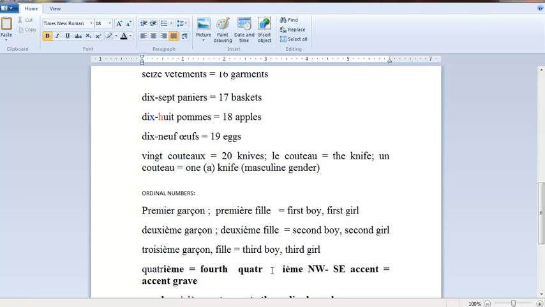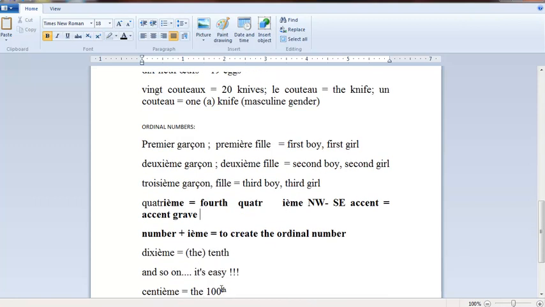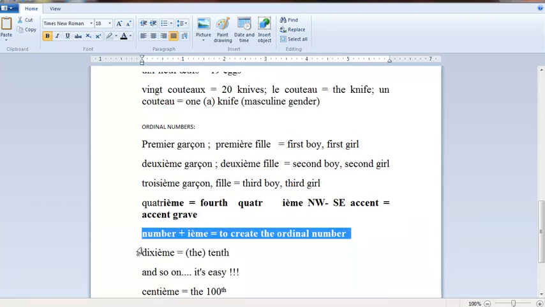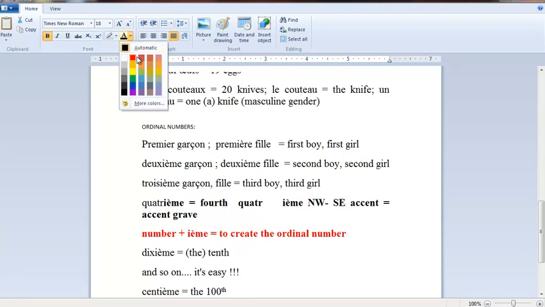We're going to tackle French accents in the next lesson, but for now just memorize that it's called accent grave, this little sign on the E from elephant. So this is the rule that you have to remember. I'm going to mark it in red. Number plus this ending makes the ordinal number.